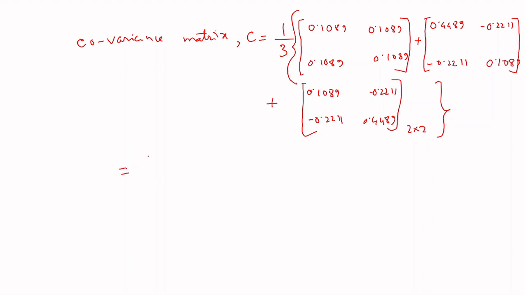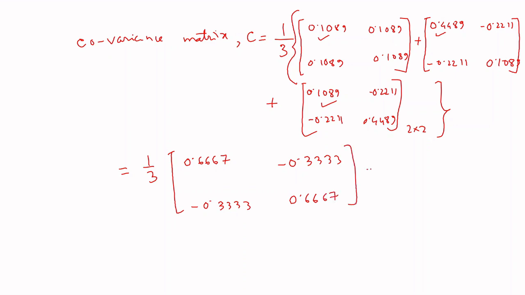So the final value will be equal to 1 by 3 times the summation of this value plus this value plus this value, right? This sum is 0.6667, minus 0.3333, minus 0.3333 and 0.6667.